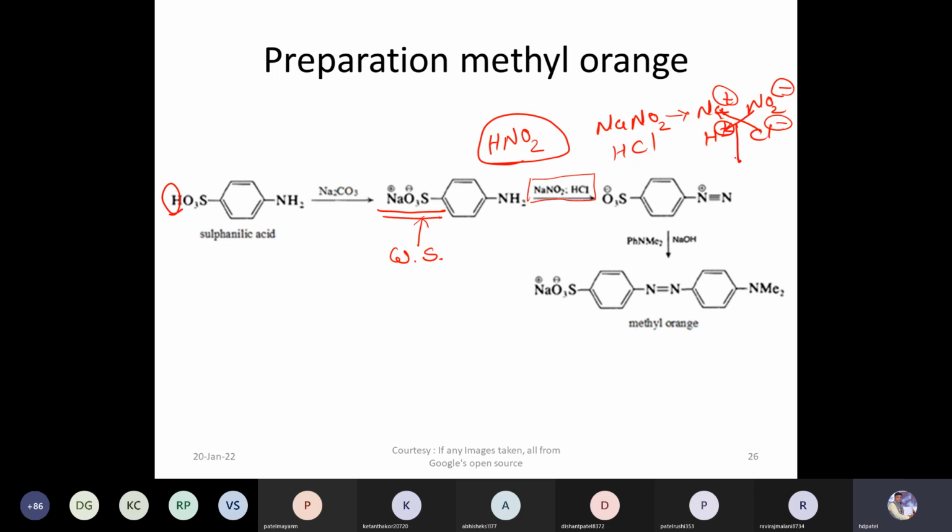As a result, we will get NaCl plus HNO2. Now this HNO2 we have prepared in the flask. That's why it is known as in situ generation of nitrous acid.